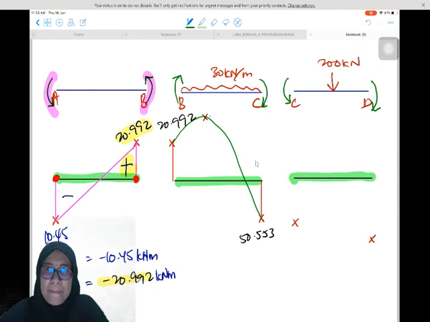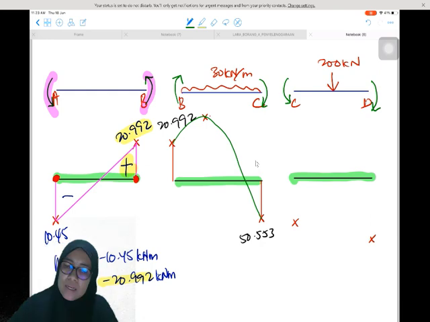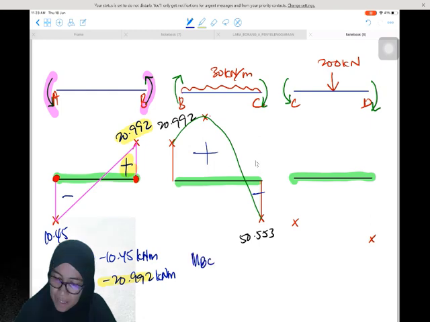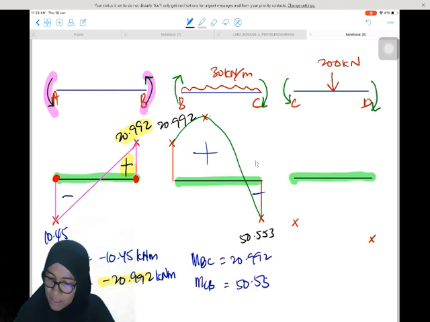The upper part is the positive side, and the lower part is negative. Okay, so for checking, from the table, MBC and MCB: MBC is positive 20.992 and MCB is positive 50.553, because whenever we add these two values, negative and positive, we get back to 0.